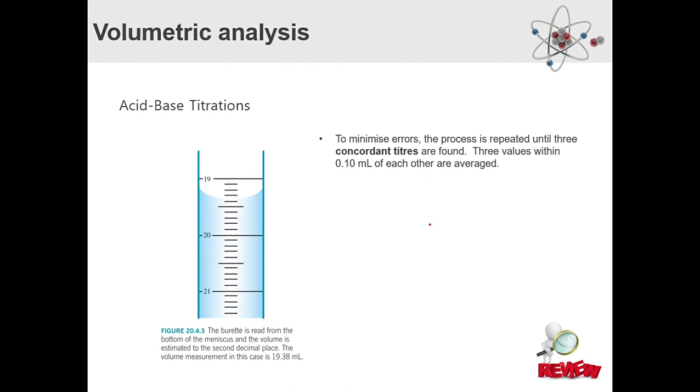So concordant titers are precise. They're within, so this says within 0.1 mil. For VCE, I'm going to just do this. It is plus or minus 0.2.